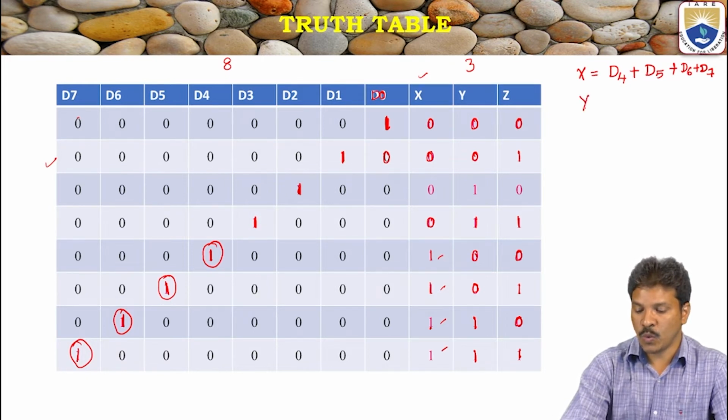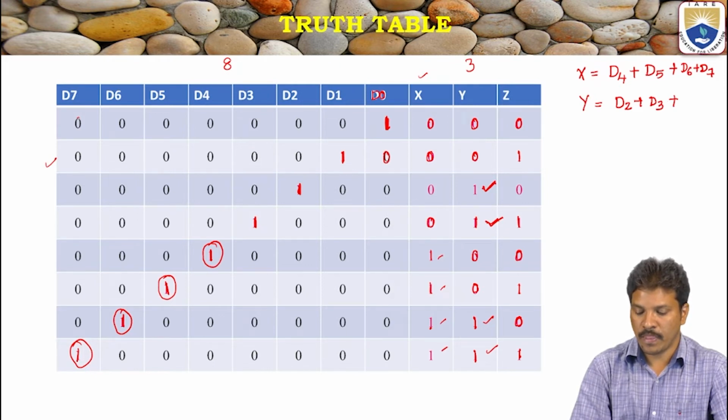Next, y is equal to, where will be the logic 1? Its corresponding numbers are D2, D3, D6, D7.